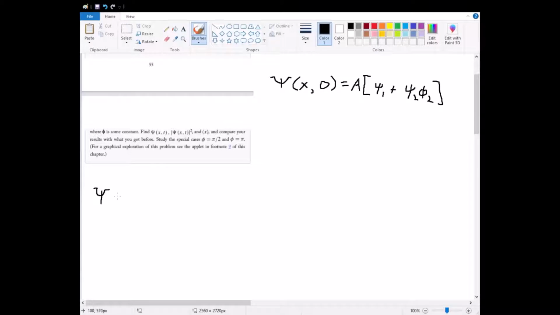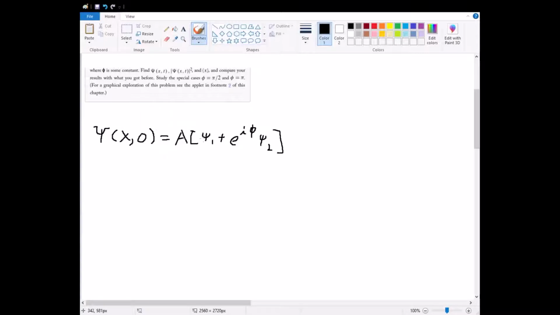So psi of x comma 0 is going to be equal to a times psi 1 plus e to the power of i phi times psi 2. Let's normalize this to start with in order to find a.